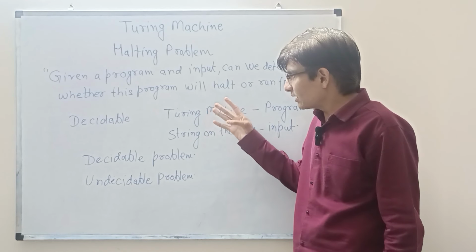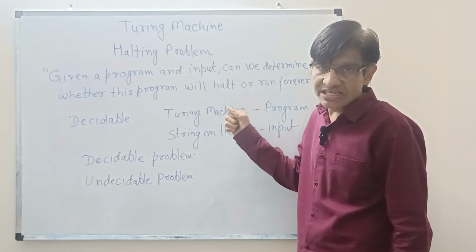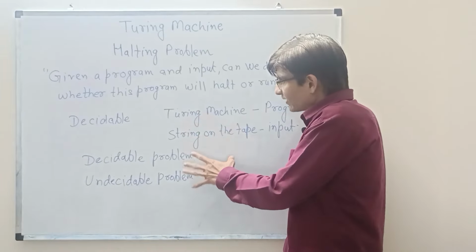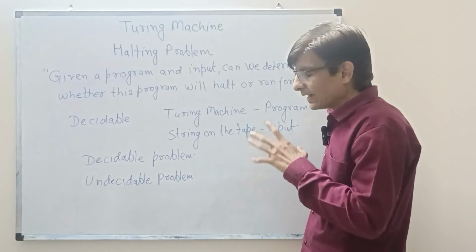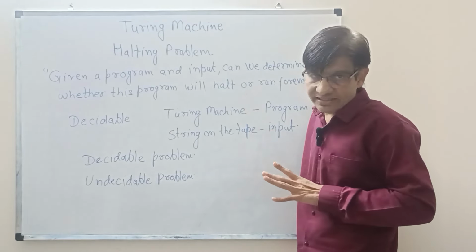So I hope you have made some base for the halting problem. Now we will define this halting problem formally, and we will prove that this problem is an undecidable problem.